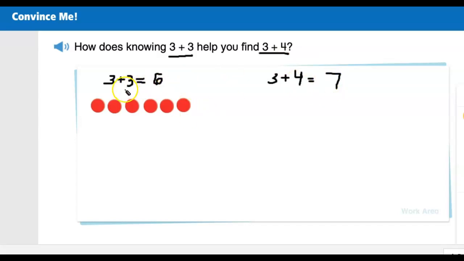So if I know 3 plus 3 is 6, I know that 3 plus 4 just means adding one more to my total I already remember, which is 7. So knowing my doubles fact helps me solve 3 plus 4 a lot faster and hopefully easier.